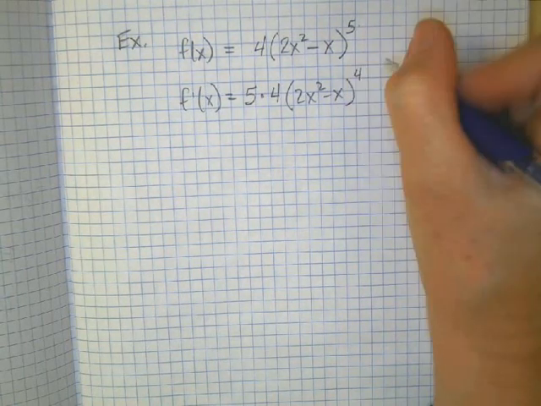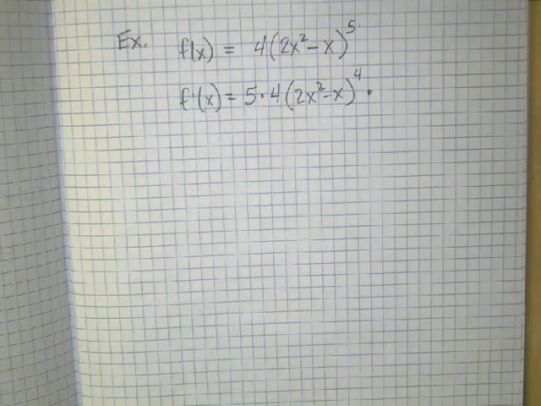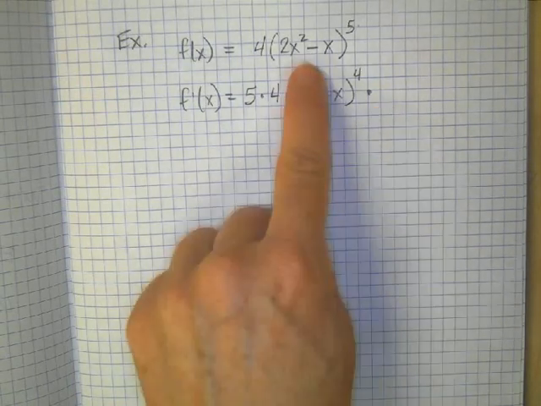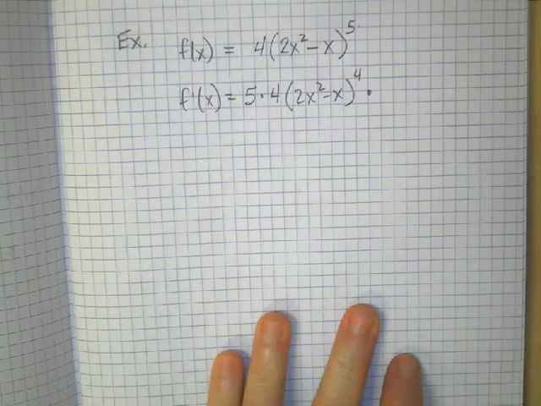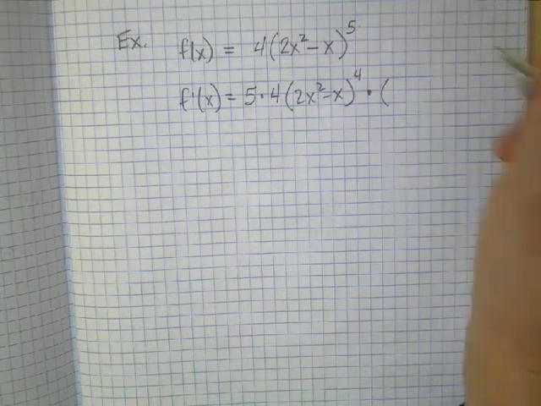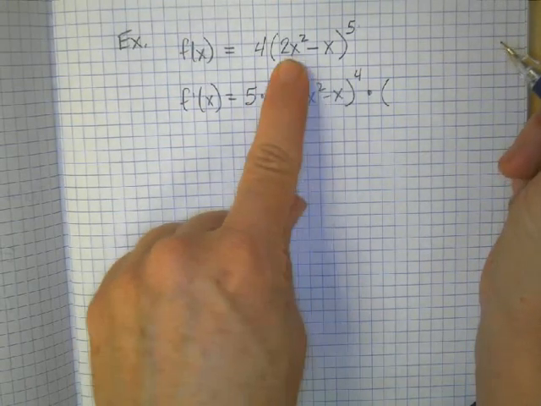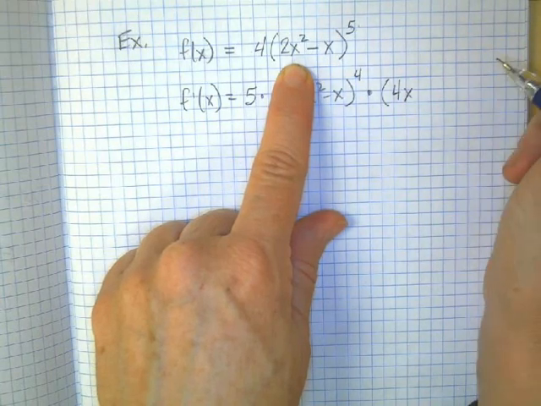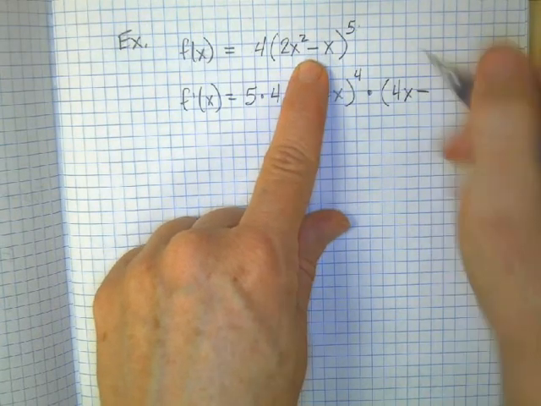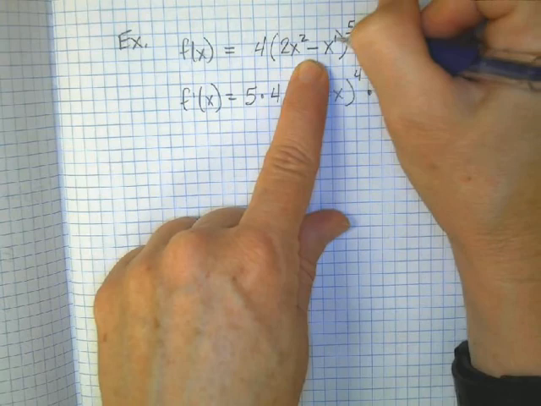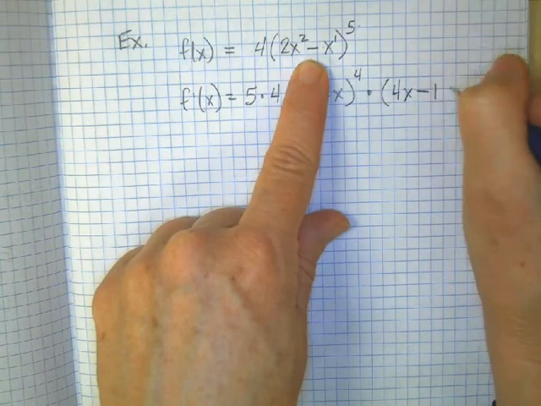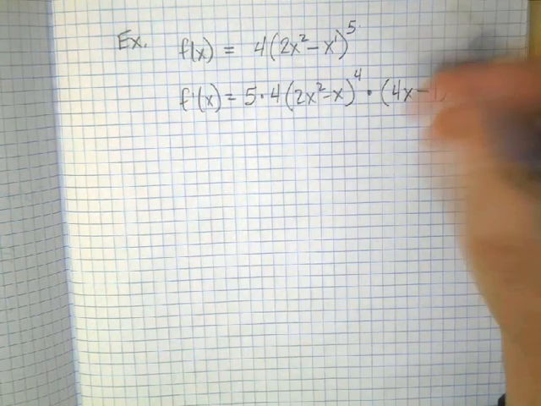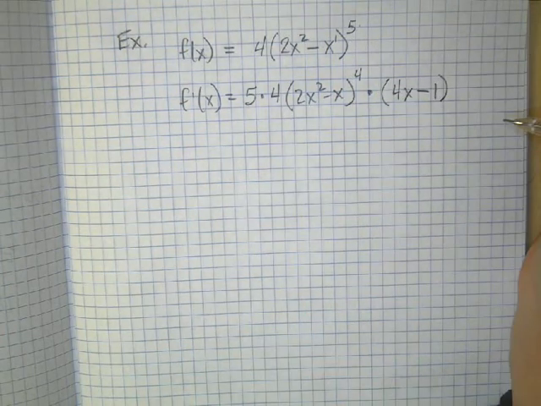But then, remember what we figured out in class, we needed to then take the derivative of what's inside the parentheses and multiply that with it. So the derivative of what's inside here, 2 times 2 is 4, so 4x, minus the invisible exponent here is 1, so bring down my 1, and then the x goes away because 1 minus 1 is 0, so I don't have any more x's left.